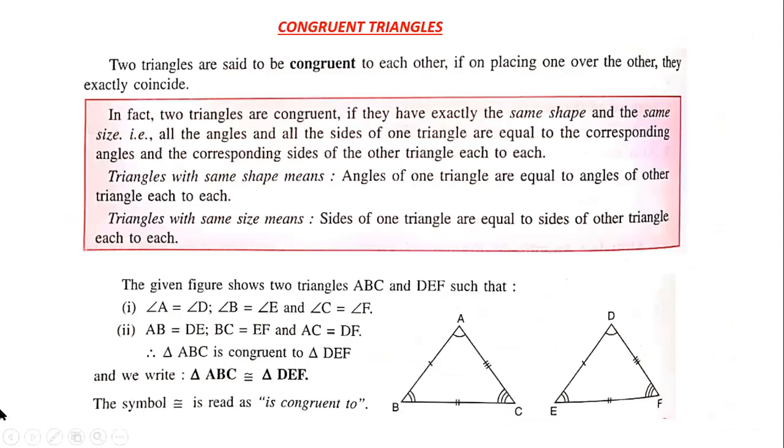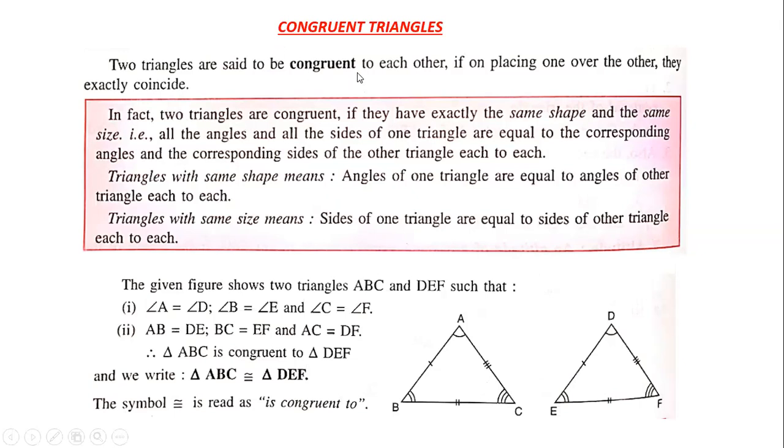Now come to the main part, congruent triangles. What are congruent triangles? Two triangles are said to be congruent to each other if on placing one over the other, they exactly coincide. If I place this ABC over this DEF, and I'm not able to see that DEF is behind that ABC, that means these two triangles are congruent because ABC hides DEF completely.